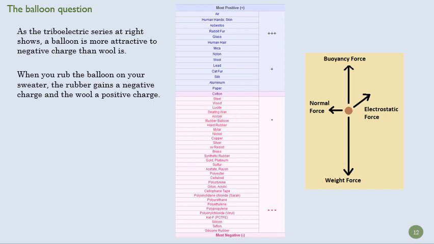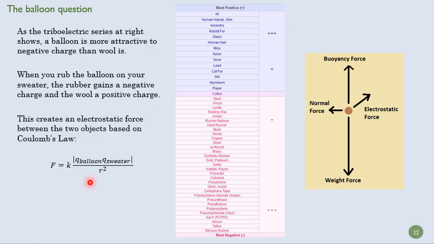And so then I have two charged objects: a negatively charged balloon and a positively charged sweater. And those two things are going to be attracted to each other. And the Coulomb force between the two of them, the electrostatic force, is strong enough to pull that balloon towards your sweater.